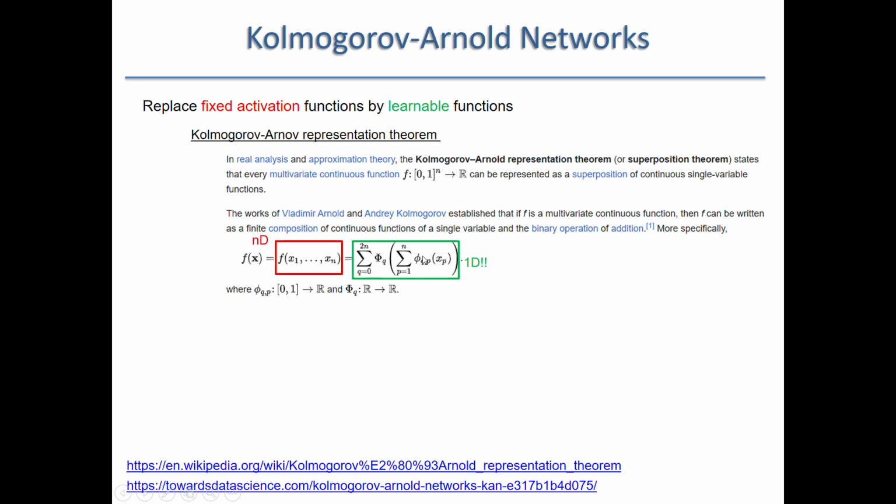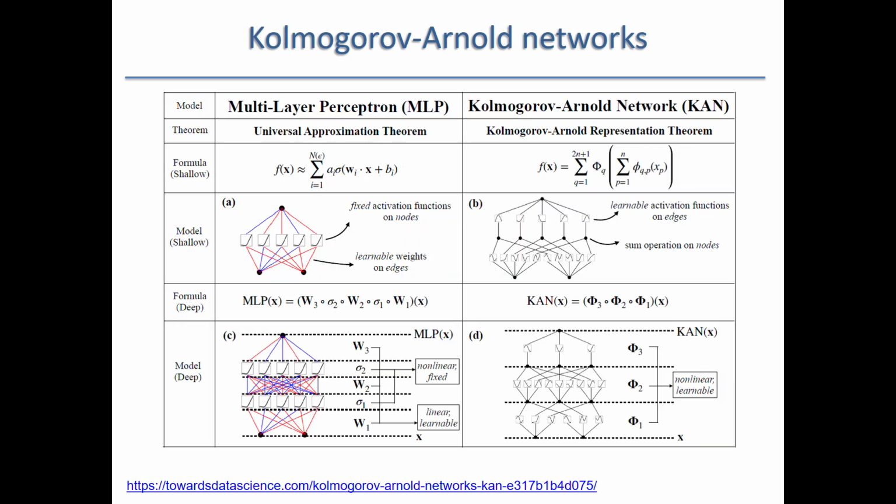Each one of these, small phi and capital Phi, can be learned. We will see later that we can represent them with B-splines, and then all you have to do is learn the coefficients of those B-splines.